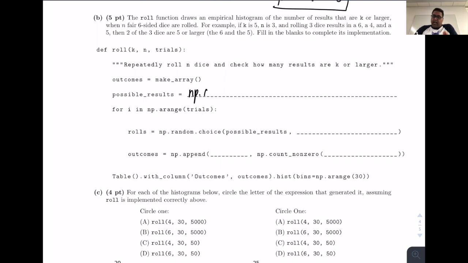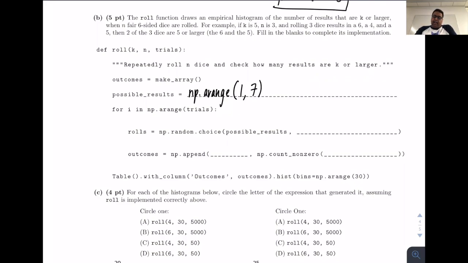Well, that's just np.arange(1, 7), which will give us the array 1, 2, 3, 4, 5, 6. Because as you remember, in Python, we always include the first index but exclude the last index, right? So this will give us an array equivalent to 1, 2, 3, 4, 5, 6, which are the possible values when we roll a die.